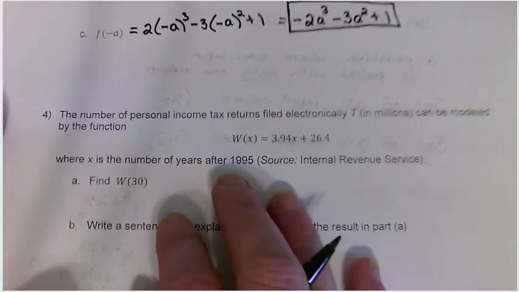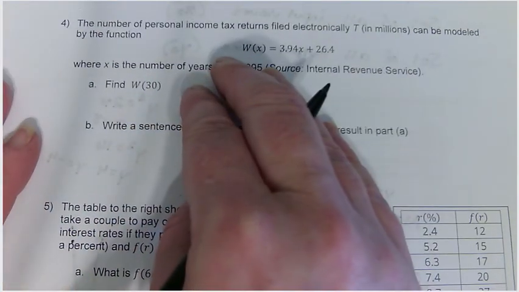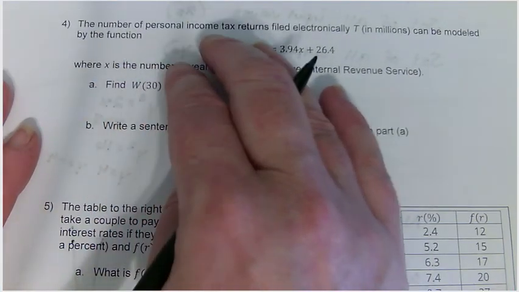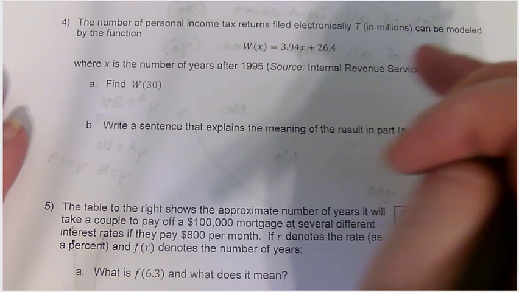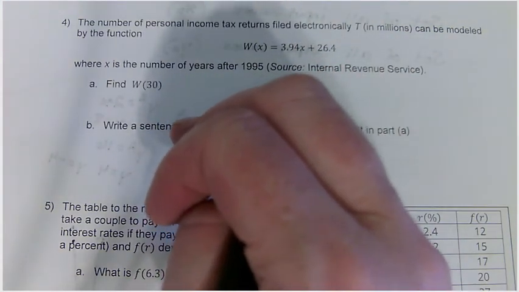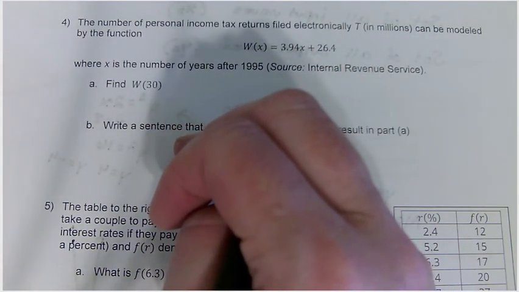Okay, so a lot of times we'll be representing a real-life situation with a function. This is a function: the number of personal income tax returns filed electronically. I don't know why it has T there and we have W there.